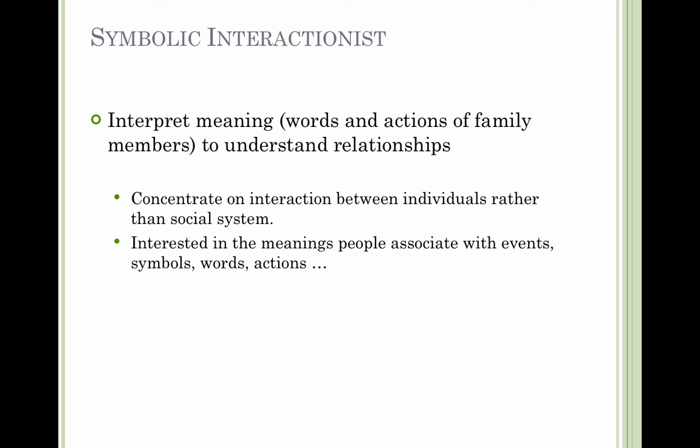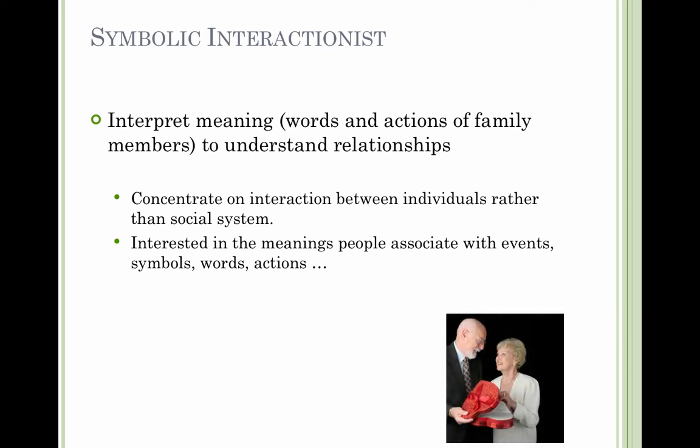The value of symbolic interaction is emphasis placed on people's responsibility in shaping their view of the world around them. As a result, it's been used as a basis for family therapy. Its major weakness is that it ignores factors such as laws, economics, social class, values, and does not explain society-wide changes in family. It is going to be, I believe, the primary one that looks at a micro view.